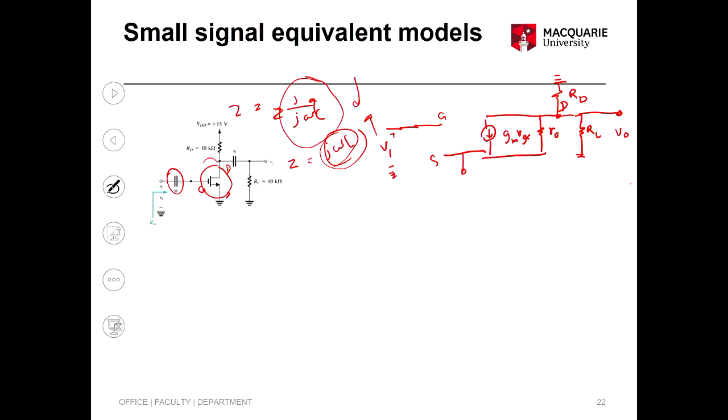So what you get, this is connected to the ground, so I can simplify this. This end r0, RL, RD. I'm getting the Vo output from here. Right, I'm just drawing this part.